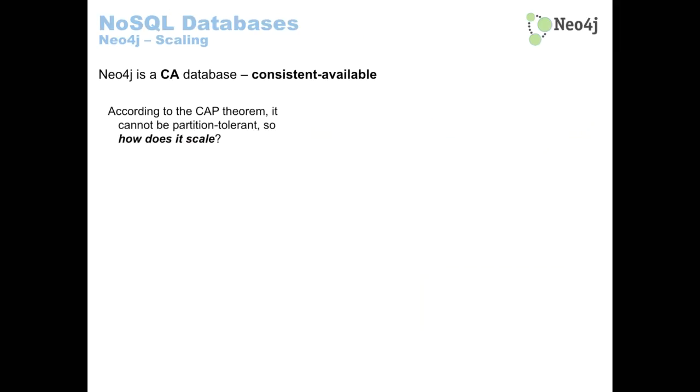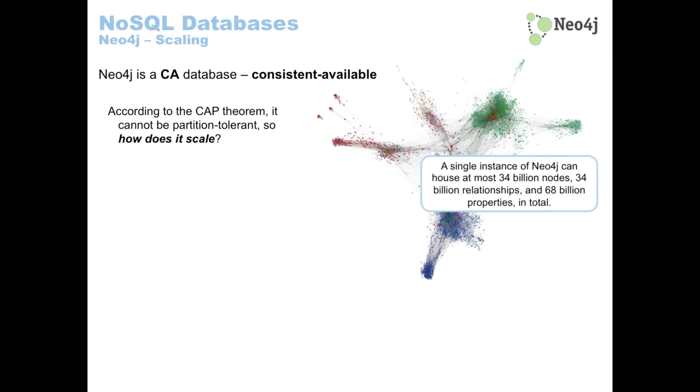So a word about scaling in Neo4j. Neo4j is a consistent, available database, and so according to the CAP theorem, it cannot be partition tolerant. So how does it scale? Well, a single instance of Neo4j can have 34 billion nodes, 34 billion relationships, and 68 billion properties.